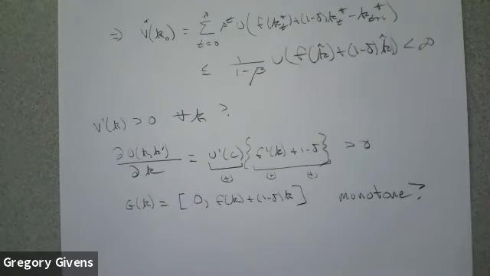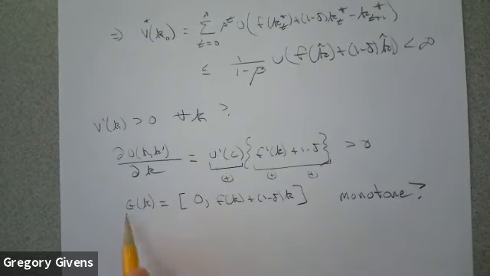How can we easily demonstrate that? What does it mean for G to be monotone? Let's start with that. You got to know what we're talking about here. If G is a monotone constraint set, what does that mean? It's not a function, so it's not increasing in the sense of an increasing function. What does a monotone set mean?